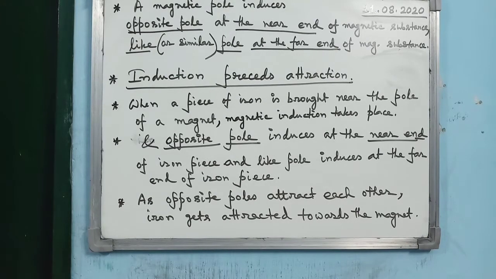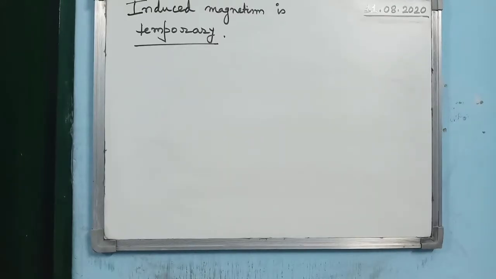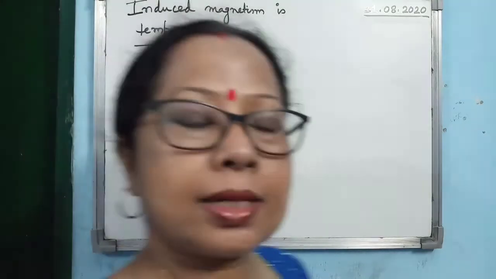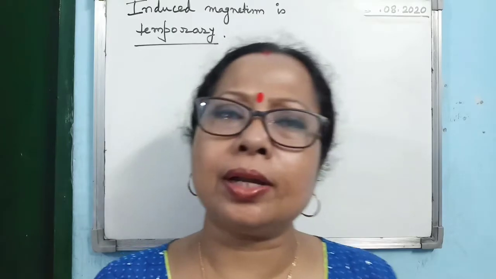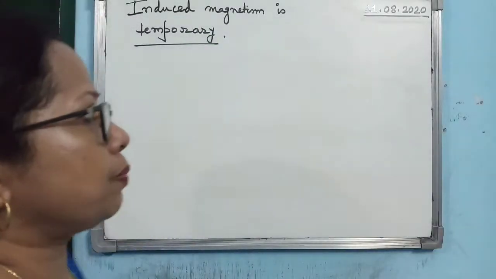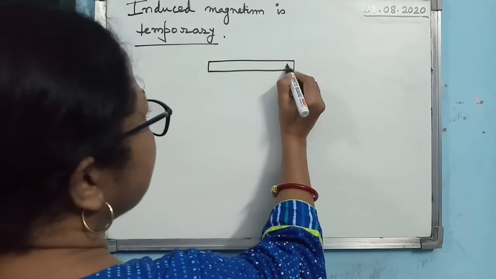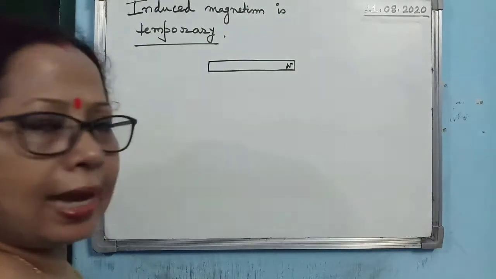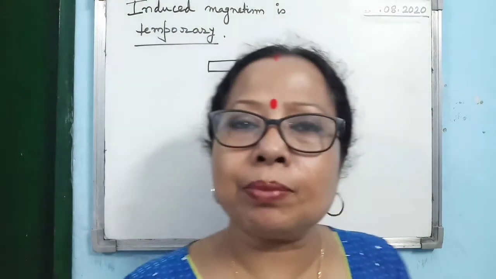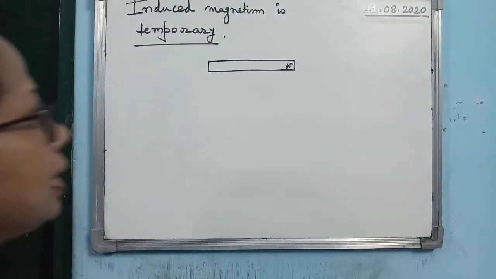Or it may come this way also: show that induction precedes attraction. Now as I said while discussing induced magnetism, induced magnetism is temporary. You can show it by a nice experiment. You take a bar magnet. Now suppose you have taken a number of nails, and you are bringing them near the magnet.